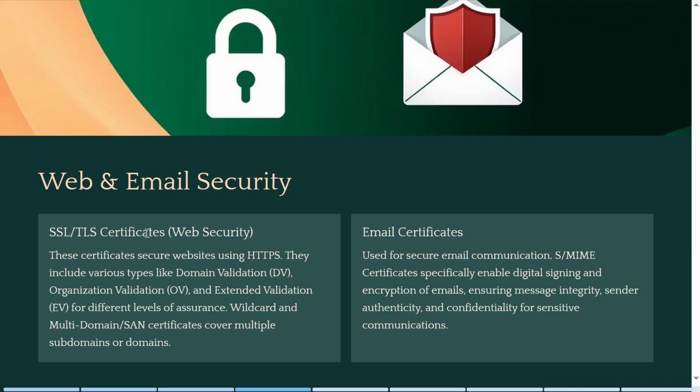Okay. Now we have email security. These are the certificates which will be used to secure the communication for emails. What do I mean when I say securing the communication in emails? If I have some confidential data that I want to send to a couple of intended recipients, then I will encrypt that email.